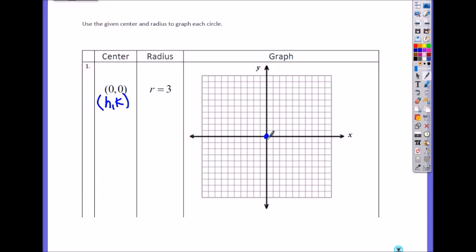And what's the radius? 3. That means you go 3 right, left, up, and down. Those 4 points you have to give me exactly, because they exactly fit on the coordinate plane. But the other points, you can just try your best to draw them, connect them, and draw a circle.